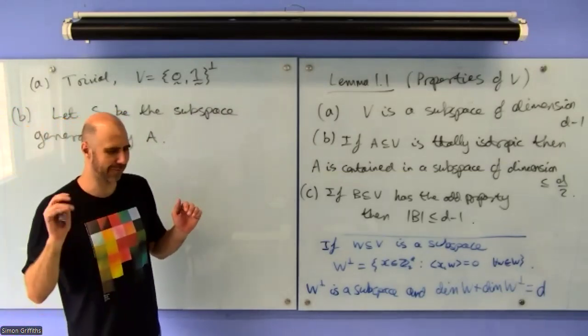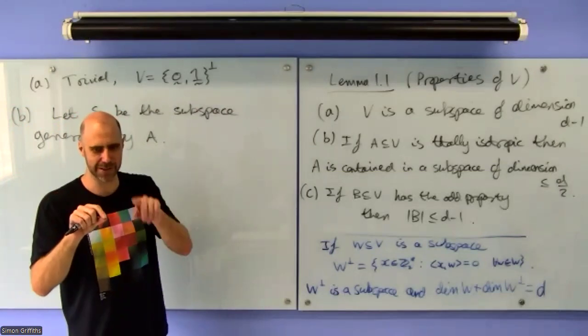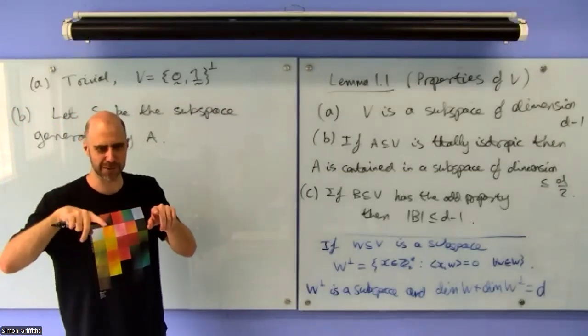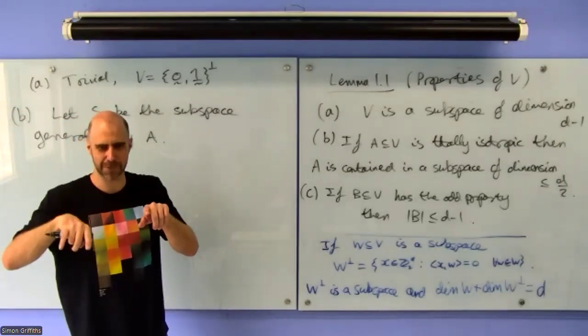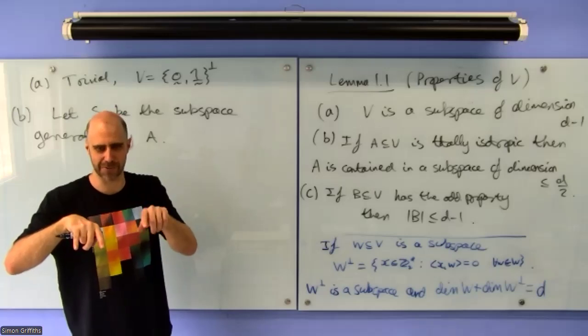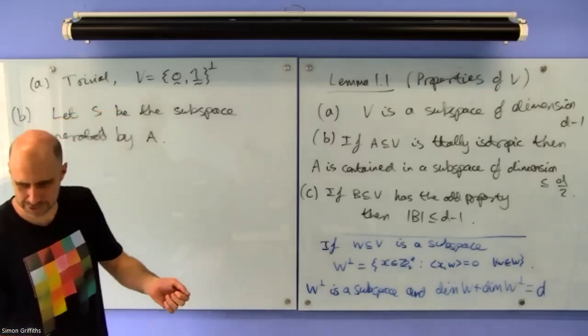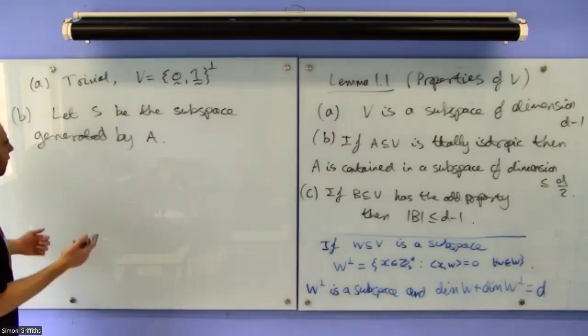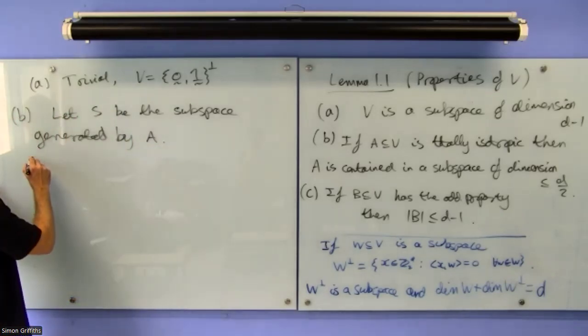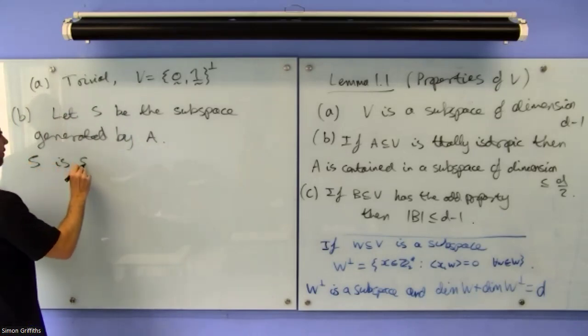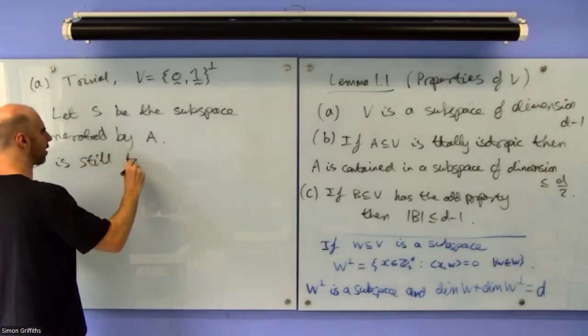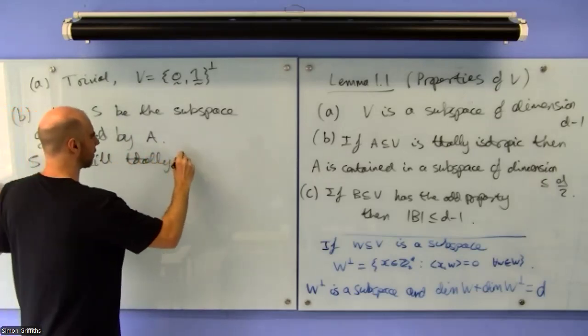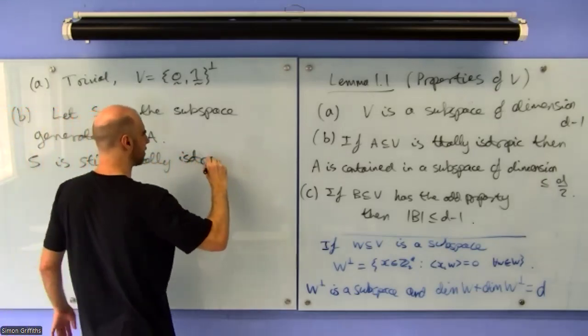Because if I have X and Y in A, and Z in A, I do a sum X plus Y, well, X plus Y still has inner product 0 with Z. Right? So it's not a difficult thing to check, but it follows that S is still totally isotropic. It's easy to check.